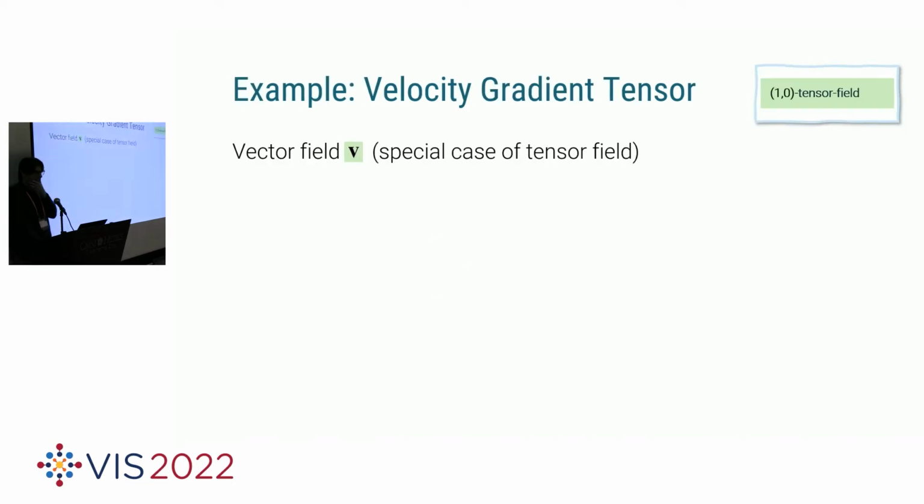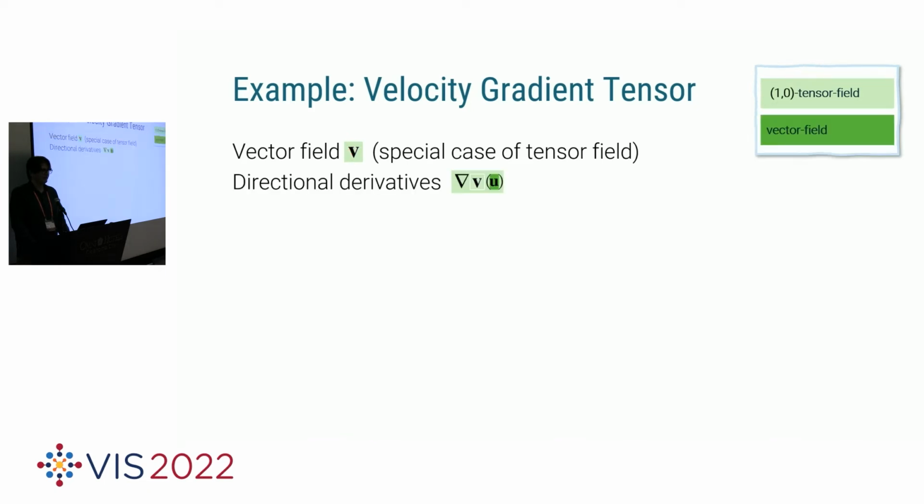Okay, so we will now do an important example of such a covariant derivative, and that's the velocity gradient tensor. So we start with a vector field. So our input tensor field is a tensor field of type 1, 0. So it's just a very special case of a tensor field, right?